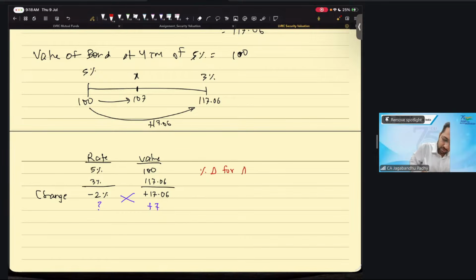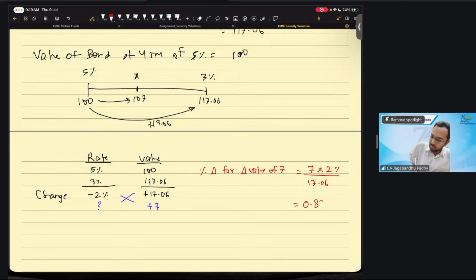Change in value of 7, and it will be 7 into 2% divided by 17.06. So that's 7 into 2 divided by 17.06.